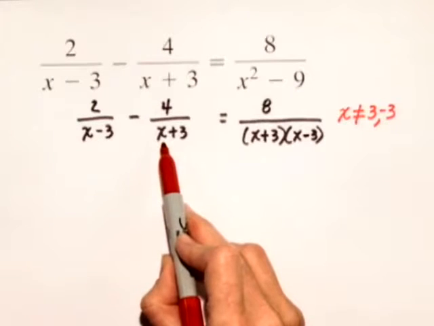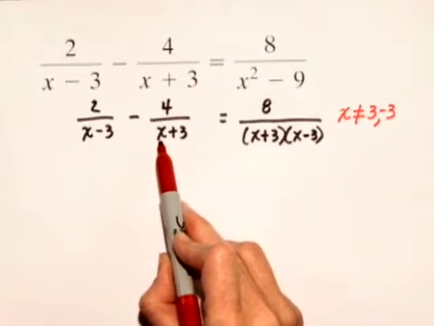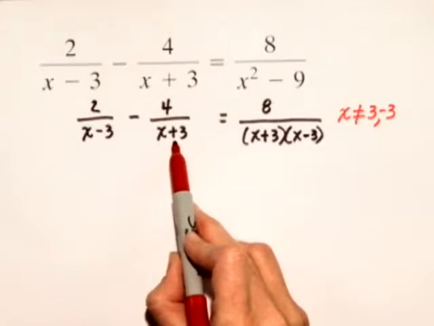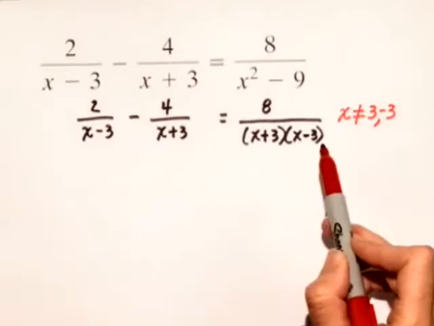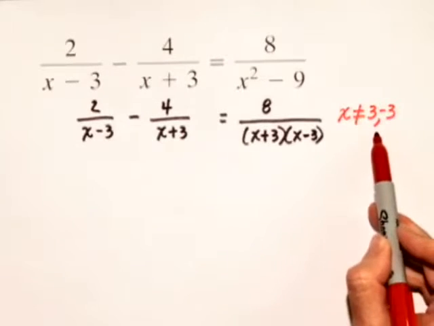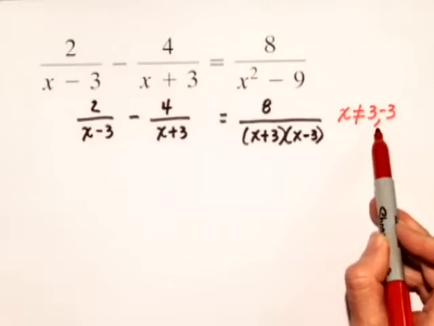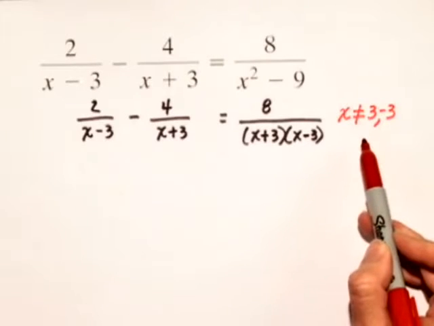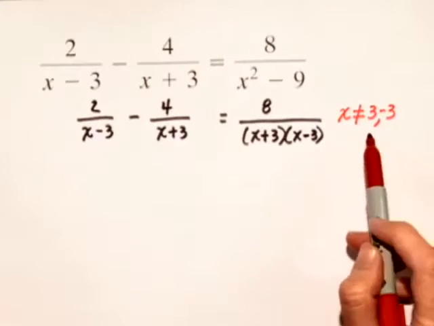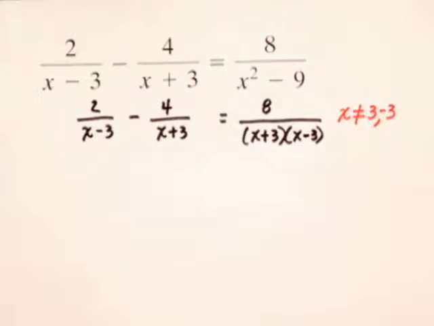In the second fraction, if we substitute negative 3 for x, that would again give us 0 in the denominator. So keep in mind your restricted values, remembering that 3 or negative 3 in this case cannot be part of the solution set. Now let's get on to solving the equation.